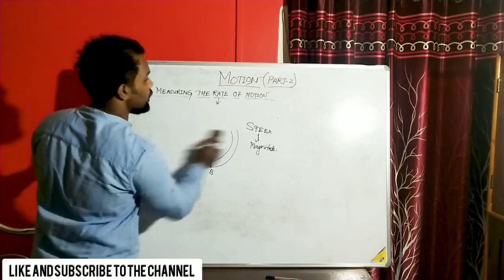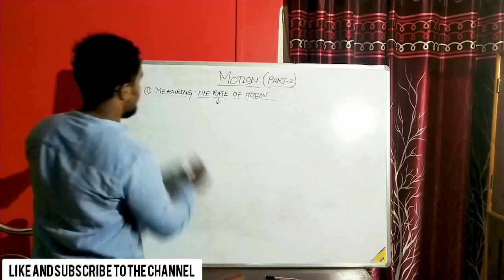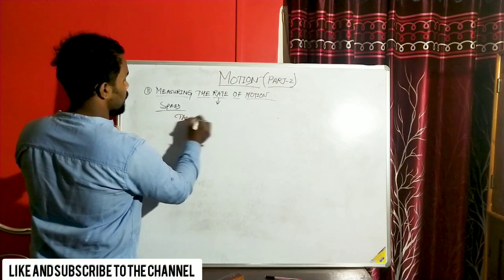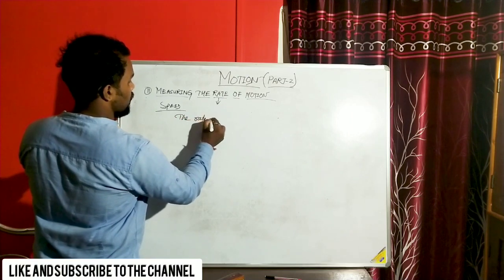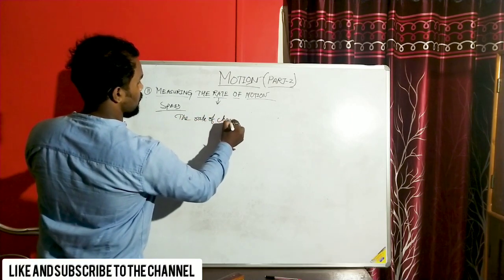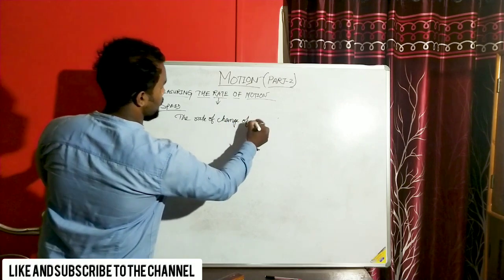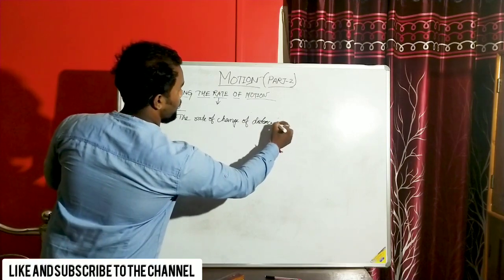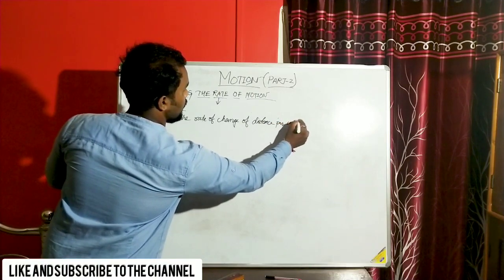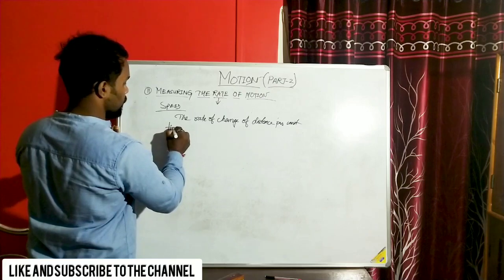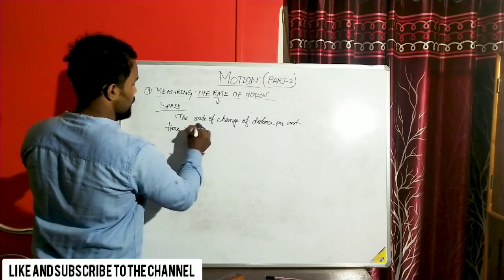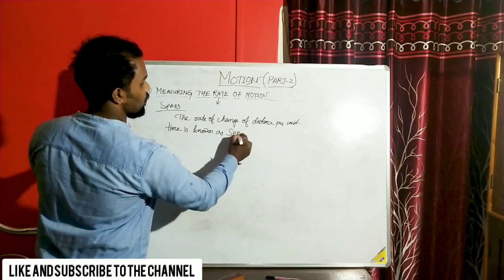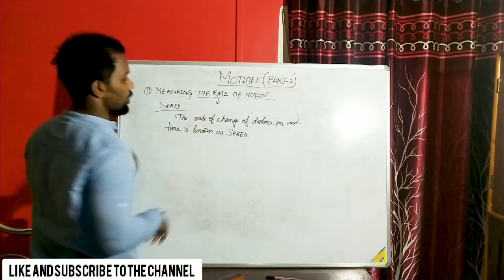First I will erase this part. Speed is going to be what? The rate of change of distance per unit time is known as speed.